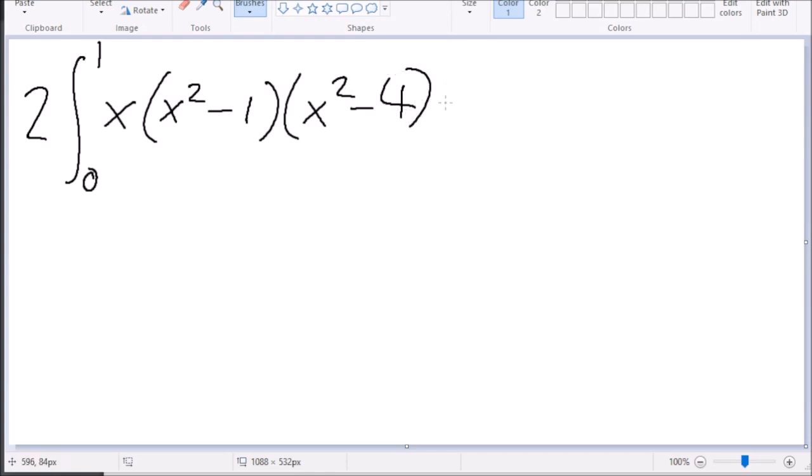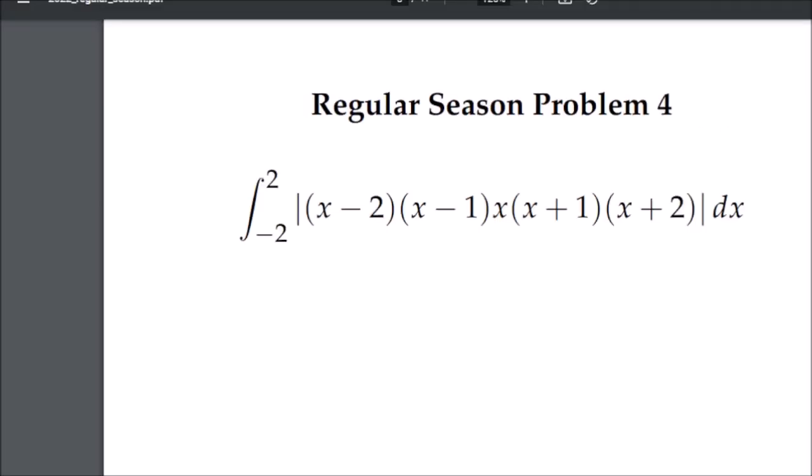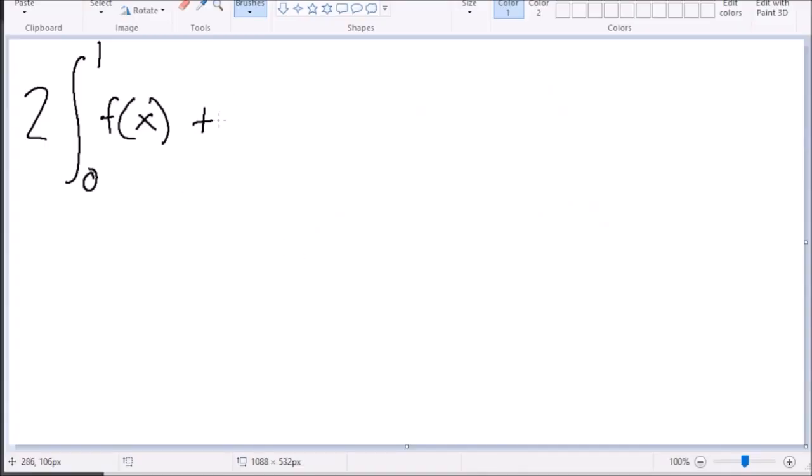To do this faster, you could just write f of x, because we already know what the function is. So we'll just do that as a shortcut.